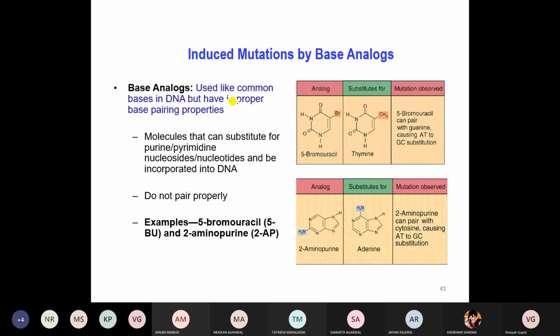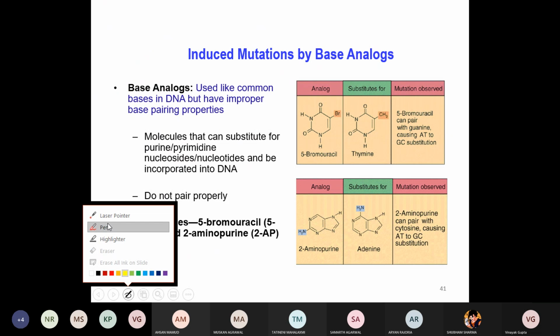Base analogs are very important. In biotech labs, we generally grow bacterial cells, or maybe even kidney cells and liver cells. If you grow the cells in the presence of a base analog, what is going to happen?